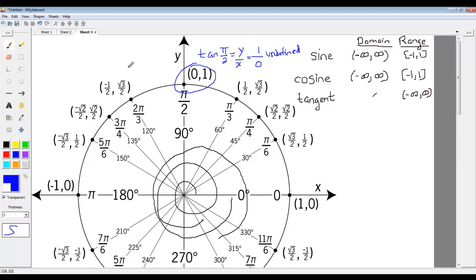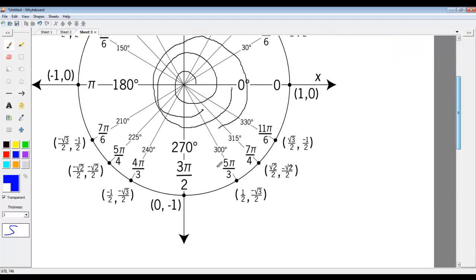So when you're looking at your domain, at pi over 2, or at any version of pi over 2, if you go around 2 pi lots and lots of times, either in the positive direction or the negative direction, every time you go around 2 pi you end up back here, and your tangent's going to be undefined.